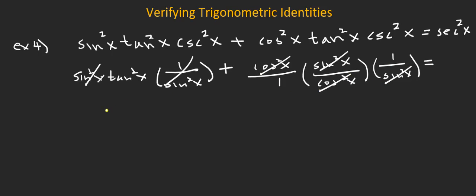So you end up getting 1 over here. So you get tangent square x plus 1. And again, what is tangent square x plus 1? Well, that's secant square x by Pythagorean identities. So it is very important that you know about Pythagorean identities, and we just verified it.